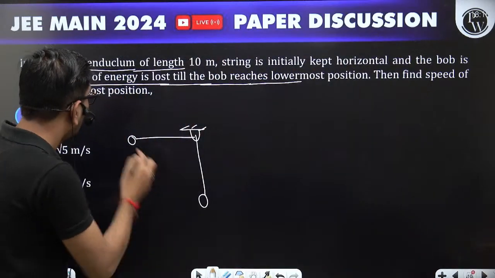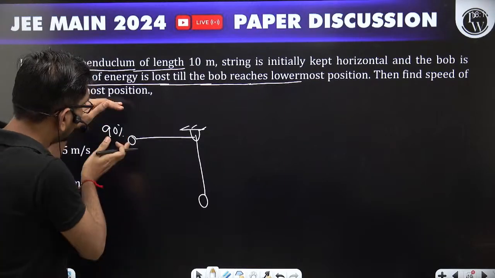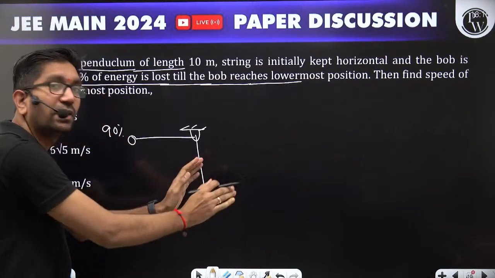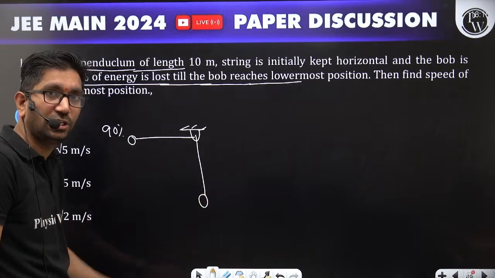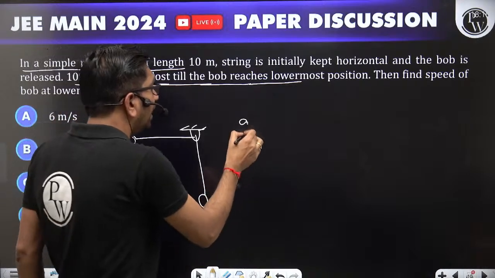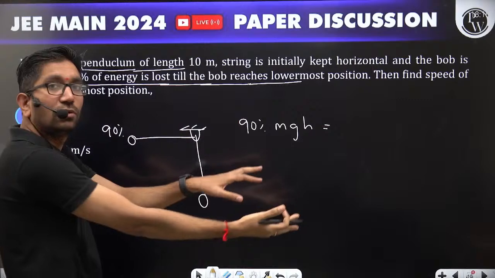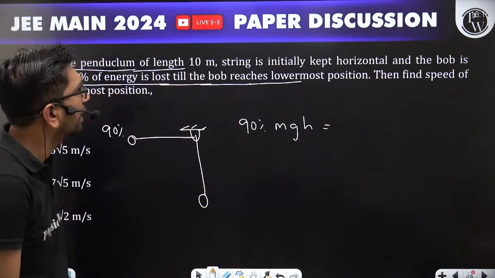It means 90% of the energy is present here. Initially it has potential energy, and 90% of the potential energy is converted into kinetic energy when it reaches here.